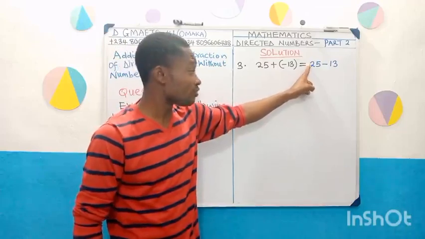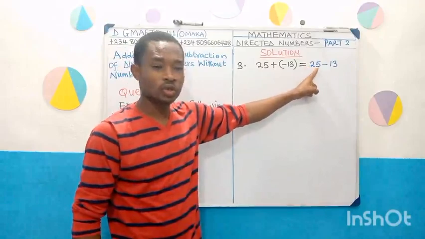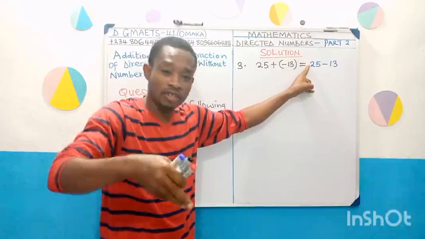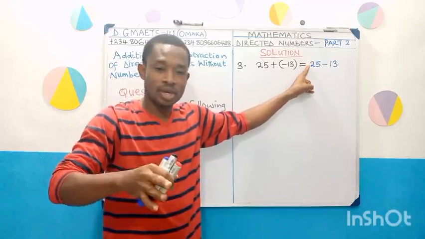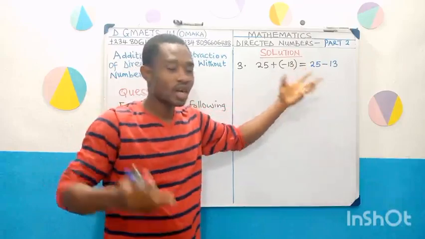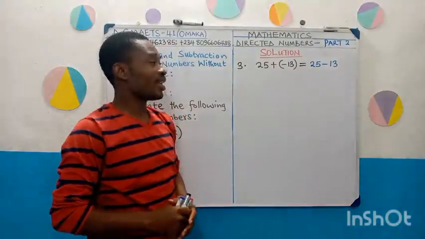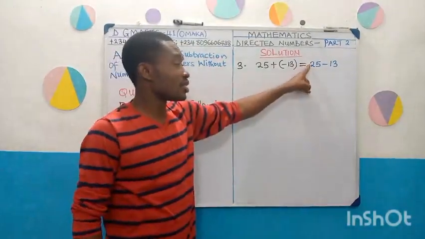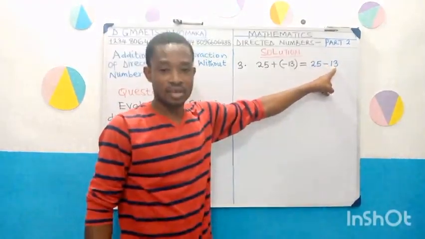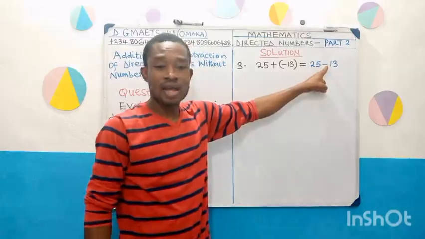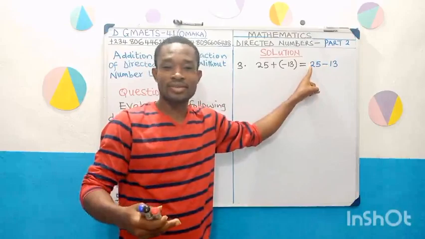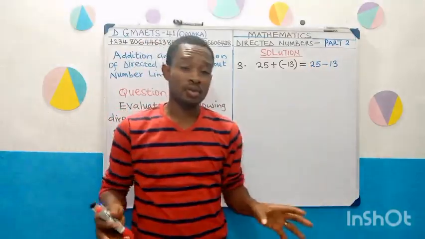And I've told you, if you have a number and there is no sign in front of it, that number will be plus the number. Okay, you now see clearly that the sign this one is carrying is different from the sign that 13 is carrying. 13 has minus. This 25 has plus. Different signs. They are no longer the same, okay?